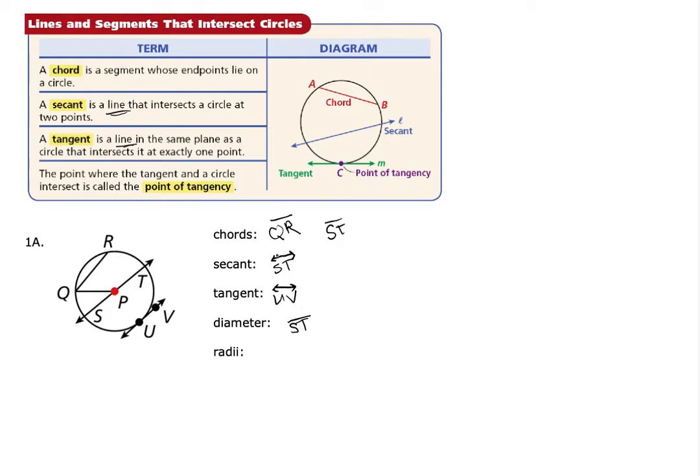We already did diameter, and now radii, there's a few of them. So I just like to start at the center and do PS, PQ, and PT. Okay, I think I got everything on here.